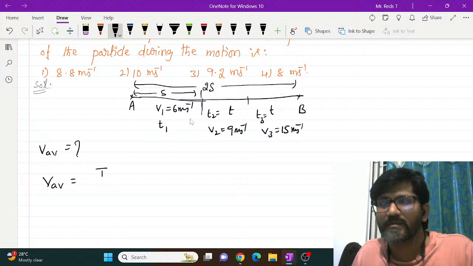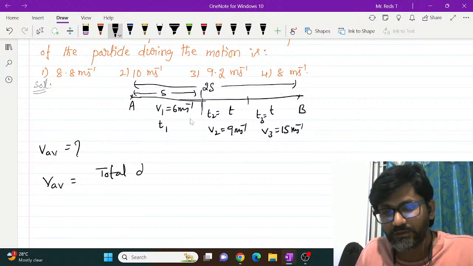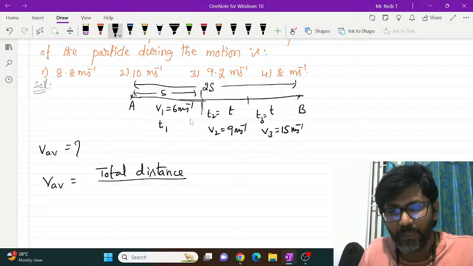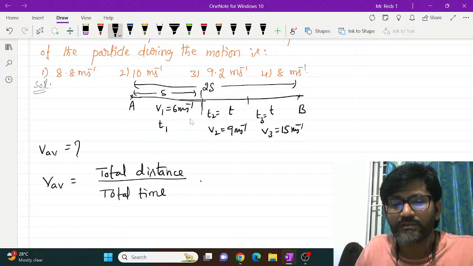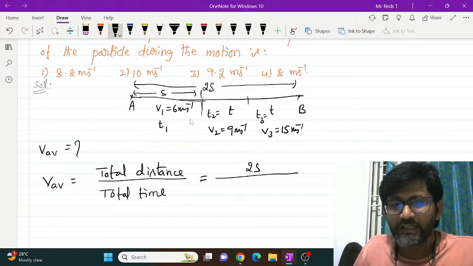Average speed, if you are asked related term called distance, you have to use total distance by total time. So total distance, of course, is 2s, so 2s by total time.